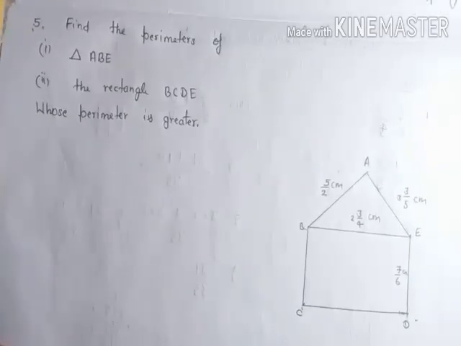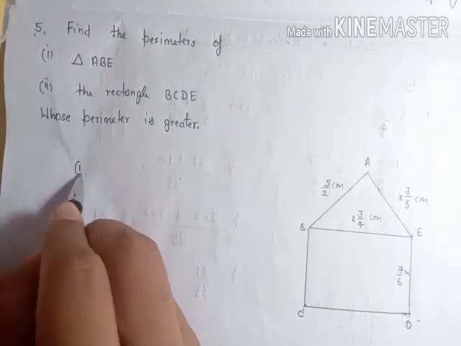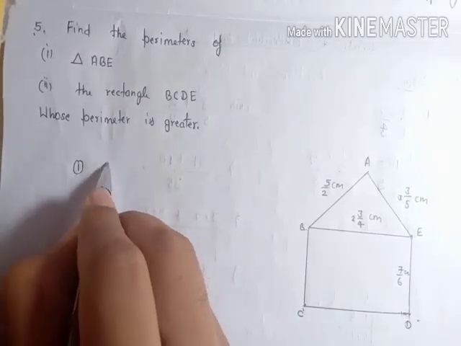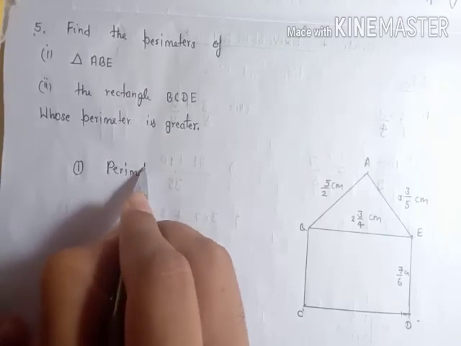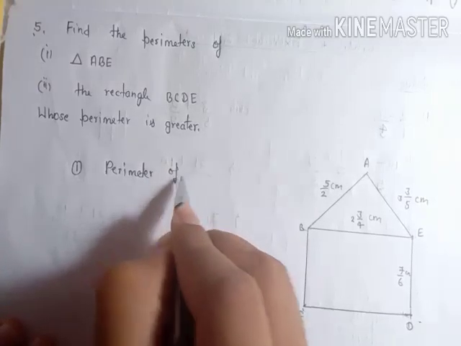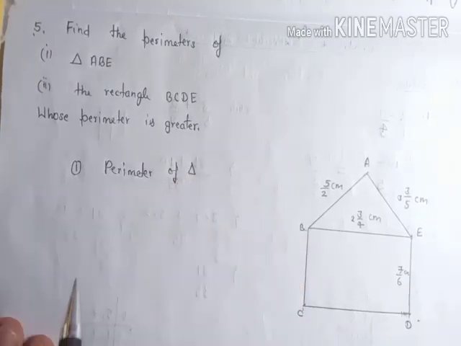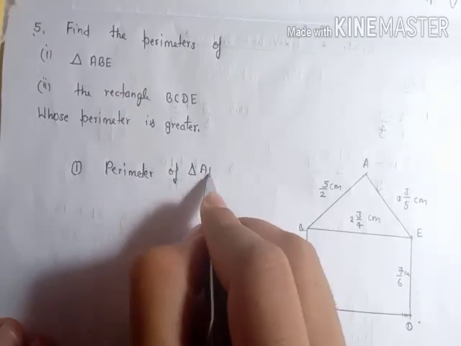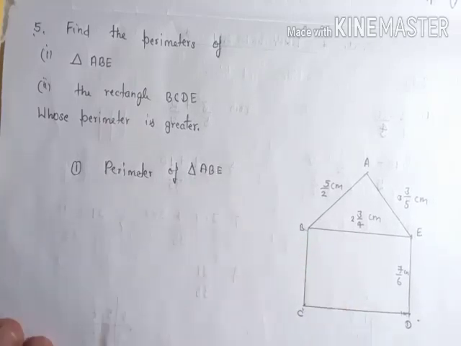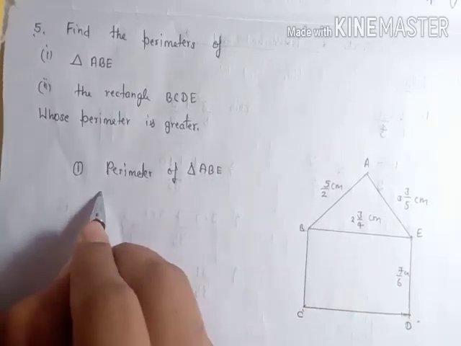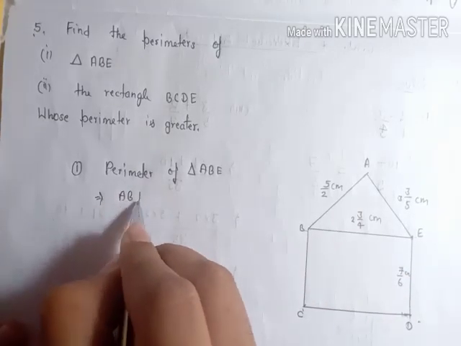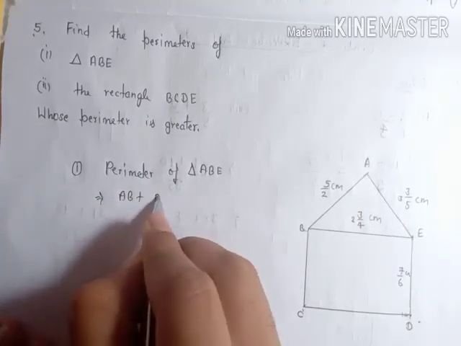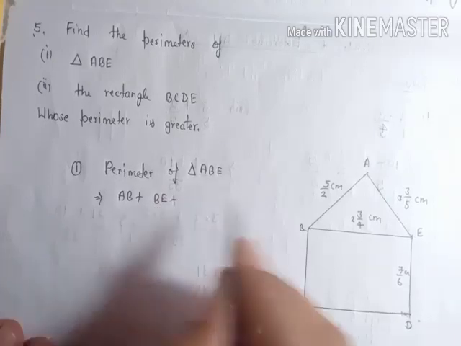So let's solve our question. First, for the first part, find the perimeter of triangle ABE. This is the symbol of triangle. So what is the formula? Sum of all the sides: AB plus BE plus AE.